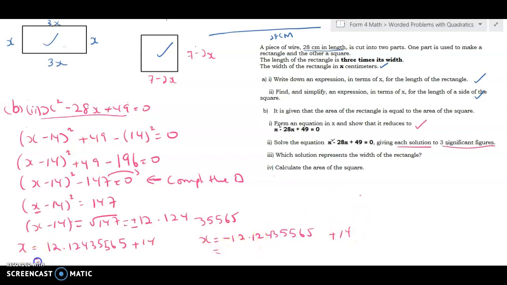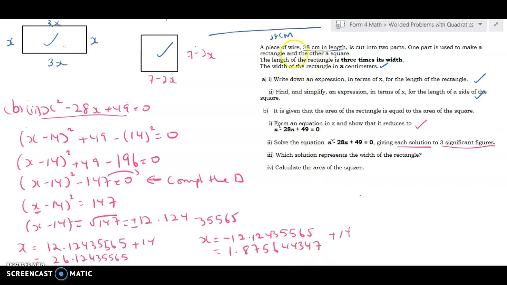Right, so these two work out to be 26.1243565, and this one will be 1.875644347. Now, I did not get any negative numbers for my answers. I got both of them to be positive.